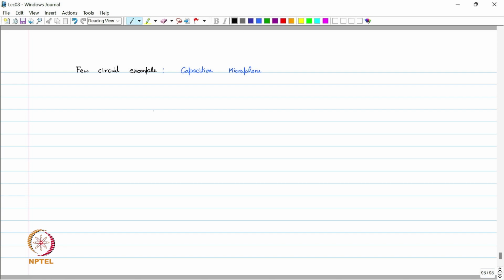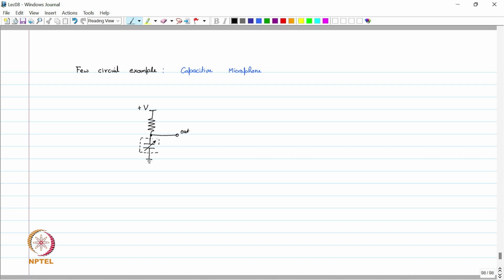For example, we can use this kind of circuit where we have a resistance on the bottom. We connect this capacitor, and below there is a ground. This is our output, and this is the supply voltage, let's say positive V. This capacitor is actually a moving diaphragm, so it is a variable capacitor.